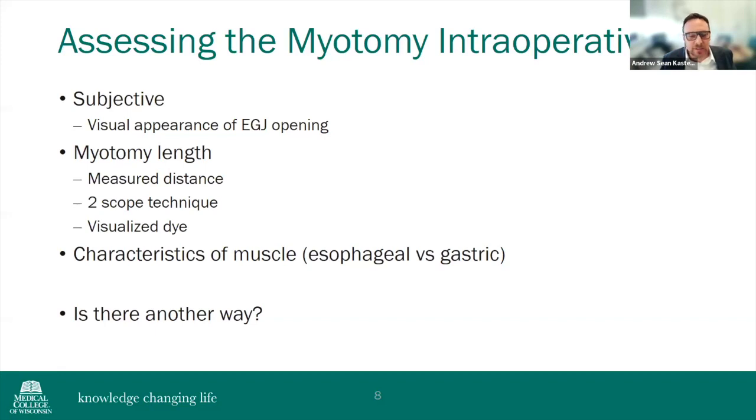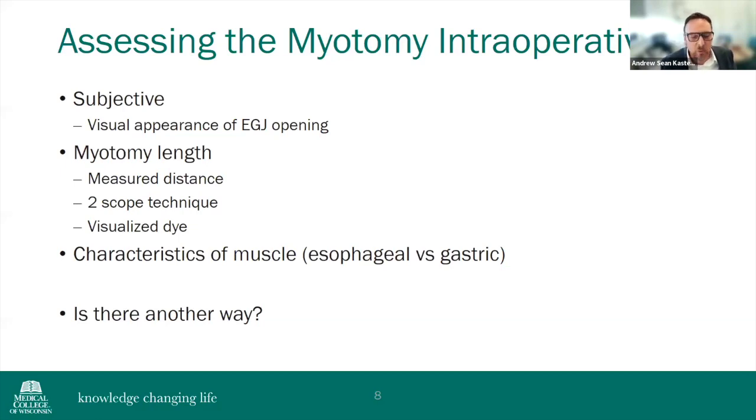There's some characteristics of the gastric muscle as well that can clue you in that you're in the right spot. But in the end, what we want to know is if we got a good release of the valve, if we got a good release of the LES, and measuring the length of our myotomy is a surrogate for that. And then the visual appearance is really pretty subjective.